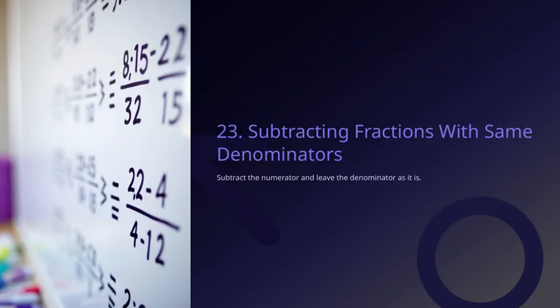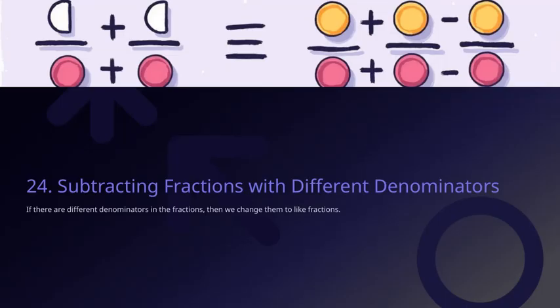When subtracting fractions with different denominators, the key step is to change them into like fractions. This means finding a common denominator so that both fractions have the same bottom number. Once they do, it's much easier to subtract the numerators directly. Remember, changing to like fractions doesn't change the value of the fractions.